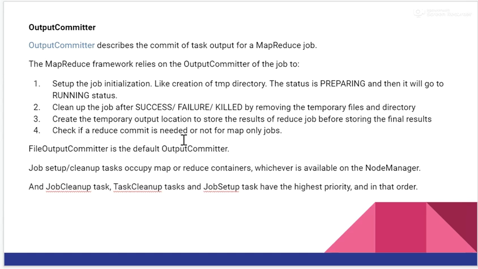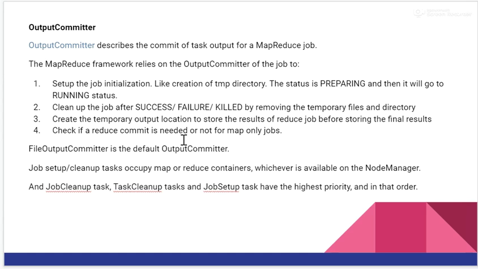Then it will start creating a lot of temporary files which are needed for performing the MapReduce job. The output committer will put things in the prepared status, and after the job is successful, or if it has failed or been killed, it is going to clean up all the resources so that there are no temporary directories left.